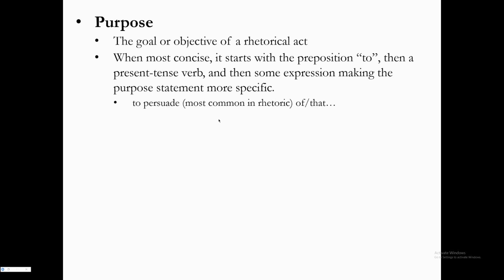So, to persuade, that is to persuade someone of something, right? Or a synonym, to convince someone of something. You could also see to inform someone about something. To inform is not necessarily to convince unless you're informing for the purpose of convincing.